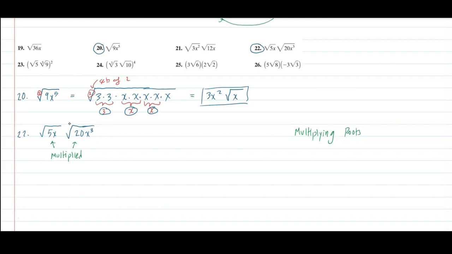Let's suppose that you had an nth root of x and an nth root of y. Initially, this is a bit abstract, but you'll start to understand what's going on. Then what you can do is multiply the x and the y, and you can write this as an nth root. That's what the rule says.